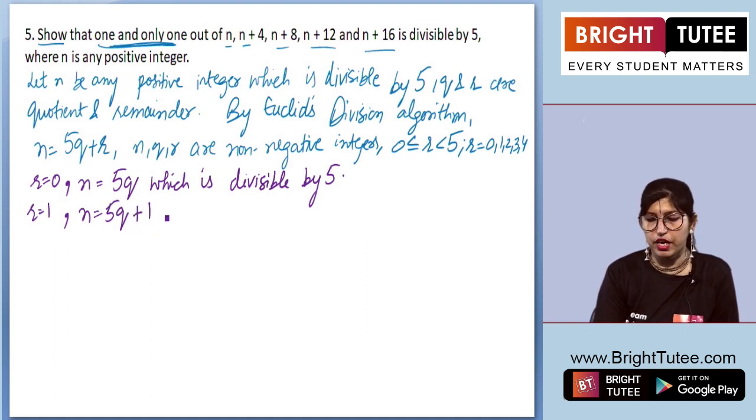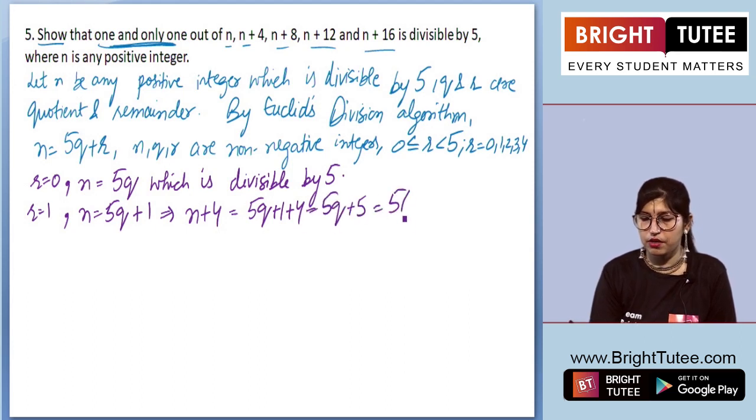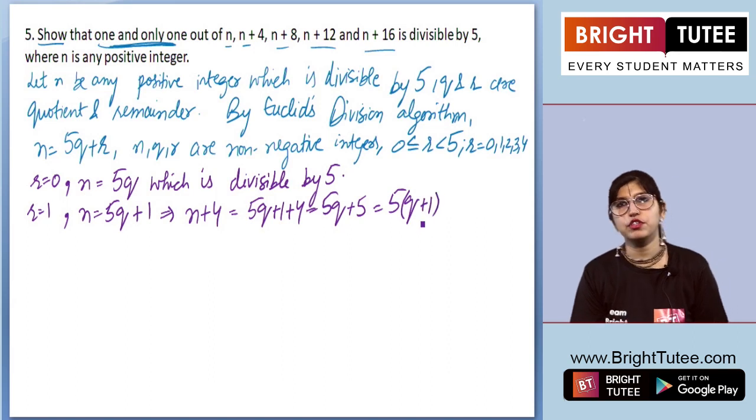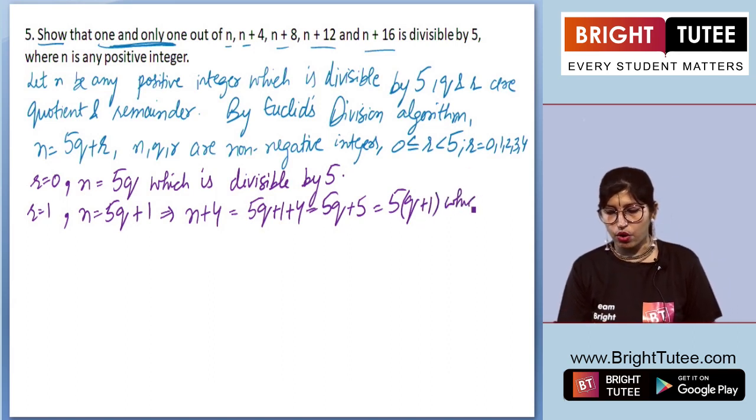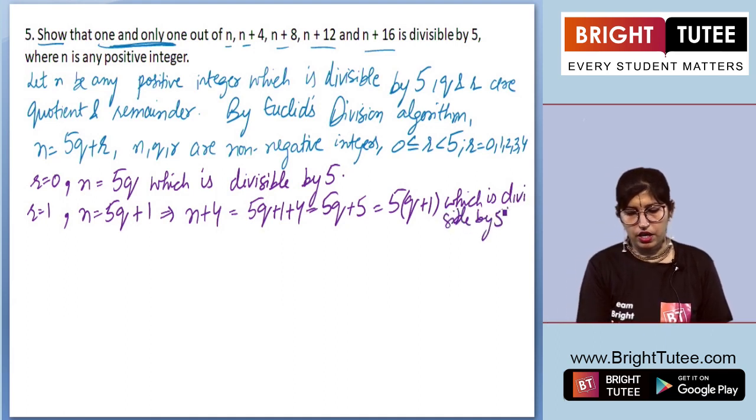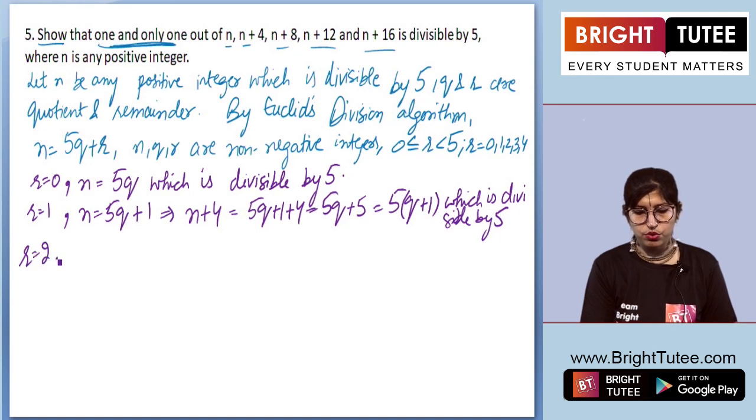Now n equals 5q plus 1, which means n plus 4 equals 5q plus 1 plus 4, which is 5q plus 5. We can take 5 common and we'll be left with q plus 1, which is also divisible by 5. How about when r equals 2?